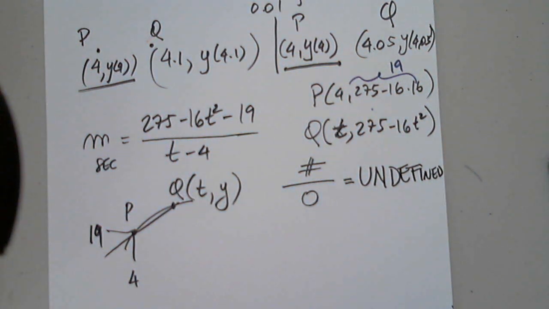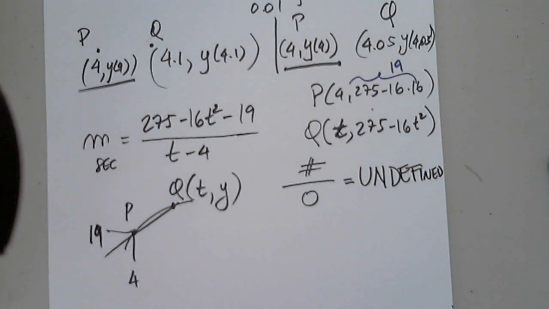It is called undefined. So now if I plug in 4, because I want the slope at 4, the calculator will scream at me saying, lady, you lost your mind. But if I plug in 4.000000001, it gives me what I want to determine.